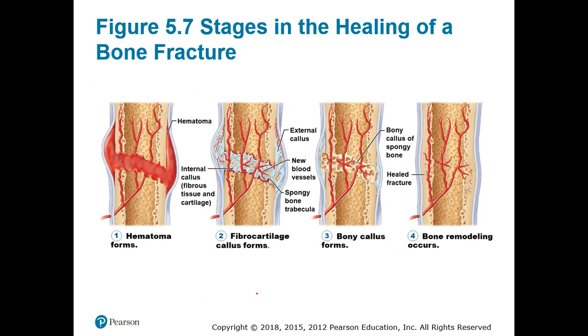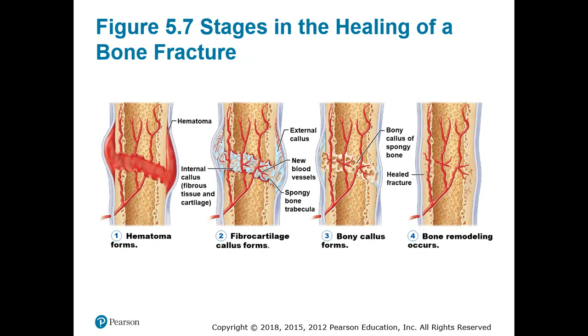This image I included in your notes, and it's also here included in the lesson to kind of show the 4 major stages of healing. Here we have the hematoma, or a lot of blood going into this area. Second, we have this fibrocartilage, which is represented in blue to kind of form that gap between the 2 broken bones. We get these blood vessels moving in.